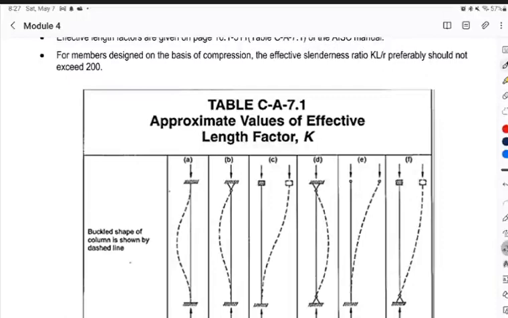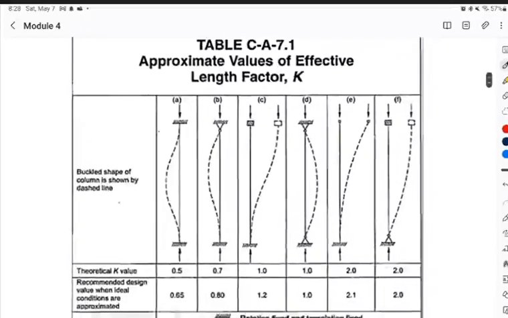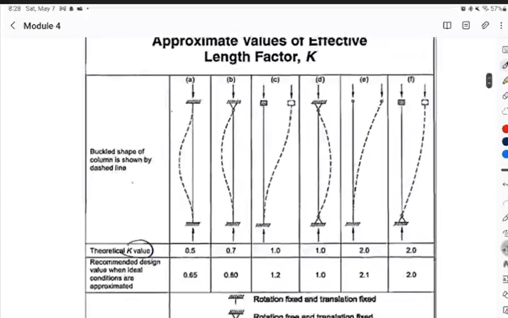Dito naman, it should not exceed 200. Okay? Para masabi nating slender or non-slender yung ating member.